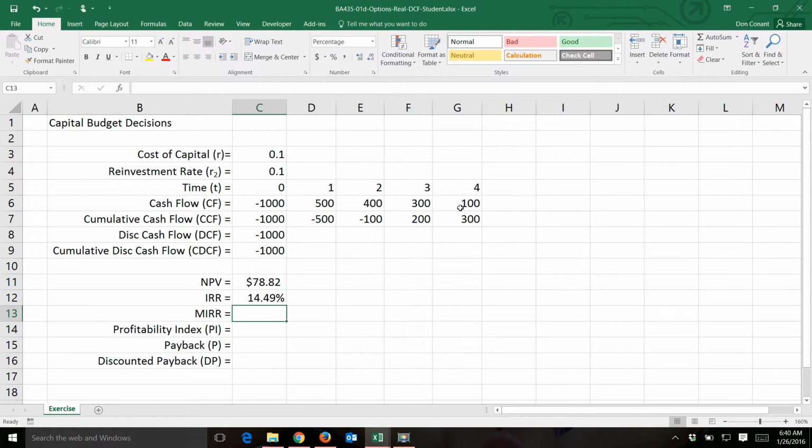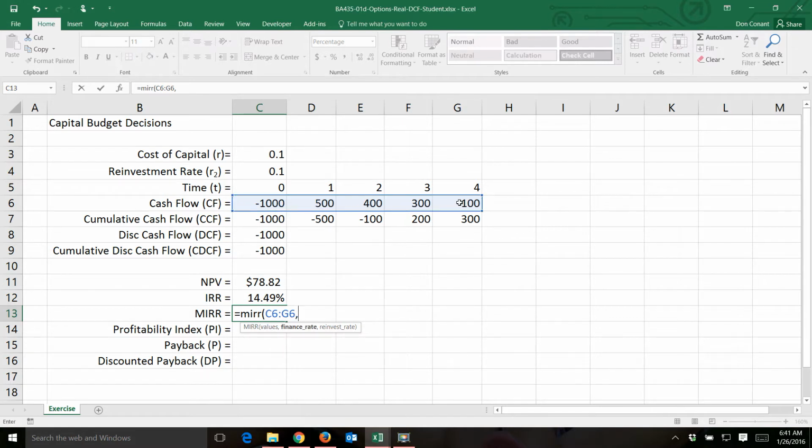We'll do the modified internal rate of return. Again, we select the values, which we have C6 to G6.